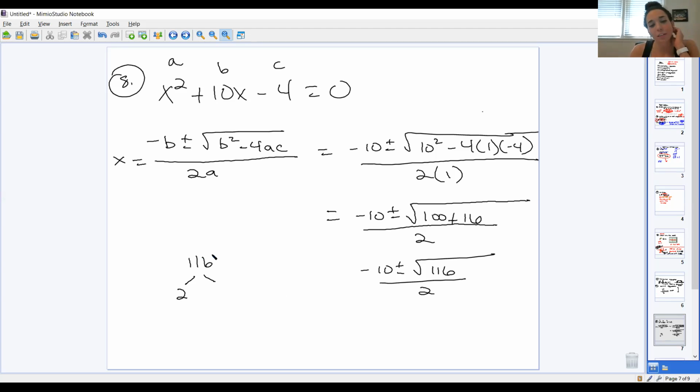If you don't know what the factors of 116 are, you can go into your calculator and type 116 divided by x, and that'll pull it up. No, on the exam, you don't have to show work. There are 21 multiple choice questions. However, remember, you do have to be on the Zoom.